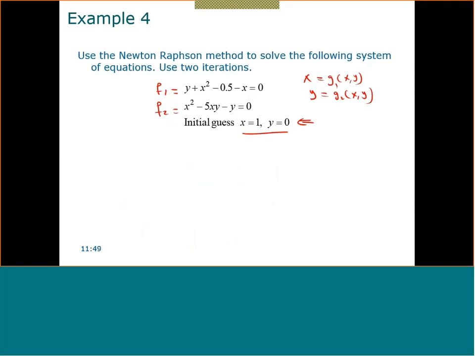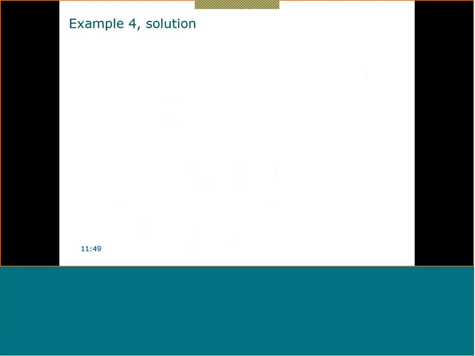Now I can find my error, delta x, delta y, which will equal minus the Jacobian, 1, 1, 2, minus 6, inverse, times minus 0.5 and 1.